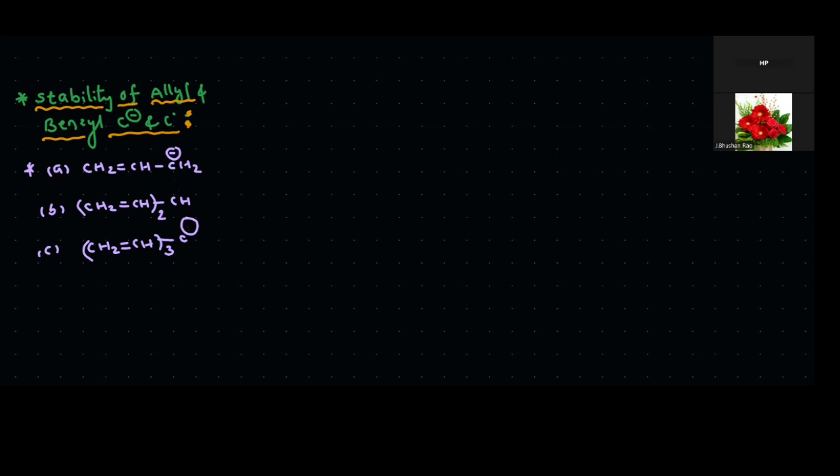Resonance is possible in all these cases. We are discussing carbanion, the negatively charged one. It donates electrons towards the negative charge, so electrons move towards that carbon side and the density decreases on the carbon ion.